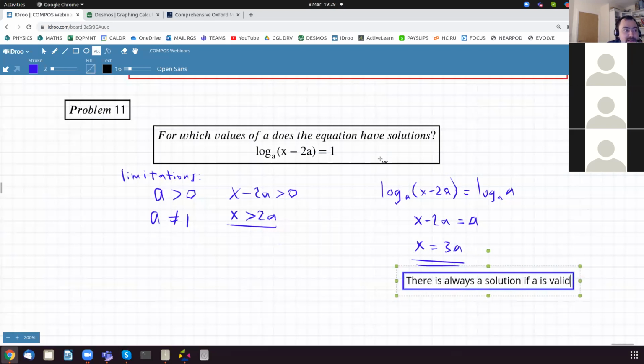If a is valid, because once again this is greater than 2a, because a is positive, that means this is true. So the answer is simple. Answer: a is greater than 0 and a is not equal to 1. And that's it.